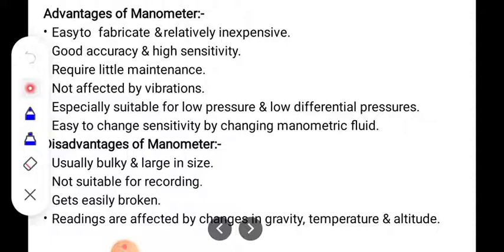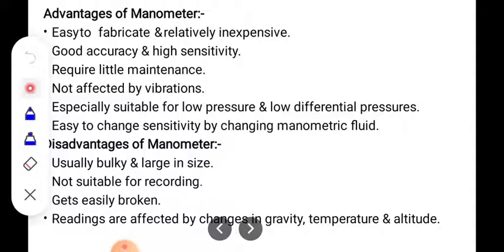Then the disadvantages of manometers: they are usually bulky and large in size, and not suitable for recording, meaning we cannot record the pressure measurement. They get easily broken, because the manometer tubes are made of glass, so there is a risk of the glass tubes breaking.